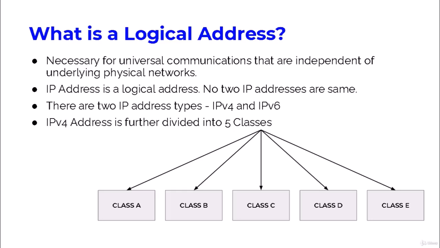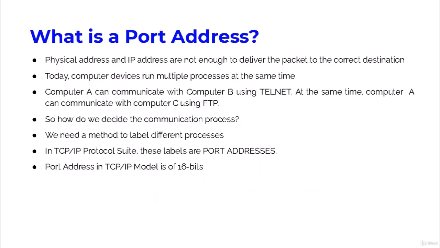The next one is the port address. The IP address and the physical address are necessary for a quantity of data to travel from a source to the destination host. However, arrival at the destination host is not the final objective of data communications on the internet. A system that sends data from one computer to another computer is not complete.